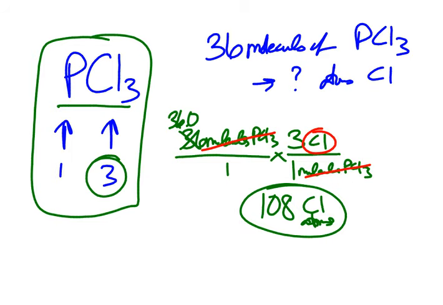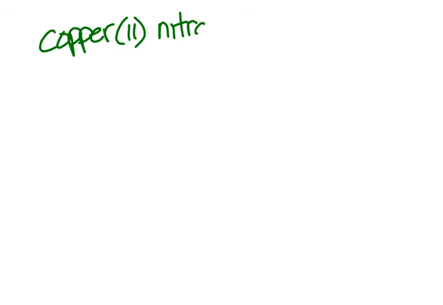If I was to give another one, let's go ahead and try with, actually I'm not going to give you the formula, as you won't really have the formula. I'm going to give you an incorrect spelling of the word nitrate. There we go. So, copper 2 nitrate. What's the formula?